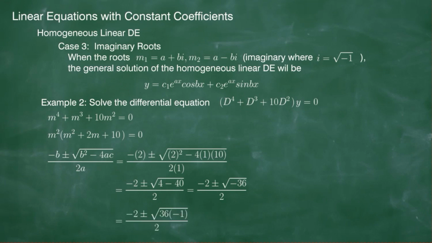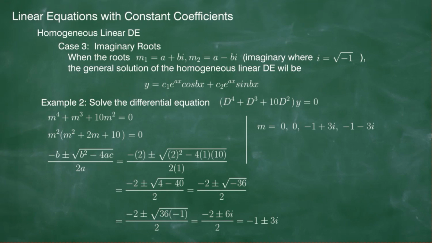We can factor negative 36 as 36 times negative 1. So we extract the square root of 36, which is 6, and the square root of negative 1 is i. Then we divide by 2 and get negative 1 plus and minus 3i.